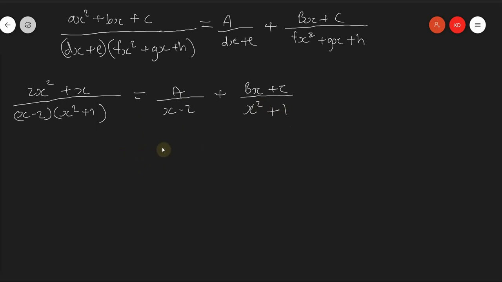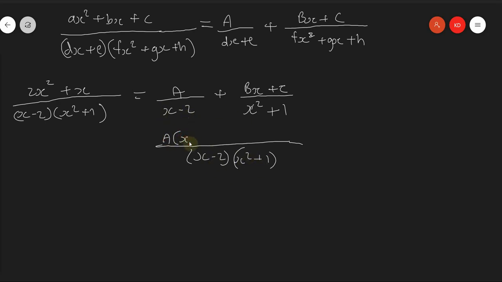Okay, so, and as I stated before, we would have the same product down here, x minus 2 times x squared plus 1. Now when we add, we divide the product here by the x minus 2, which would leave us with the x squared plus 1.